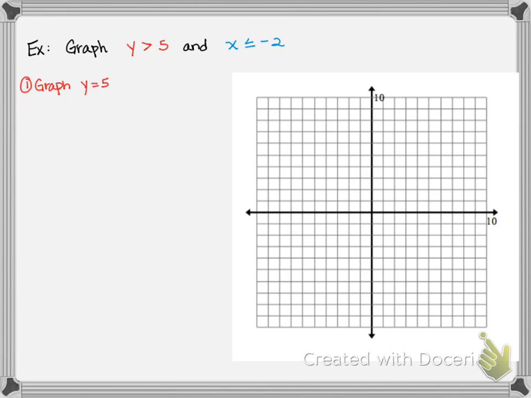And so we've got 1, 2, 3, 4, 5. And then it's going to be dashed in this case because that's a strict inequality.